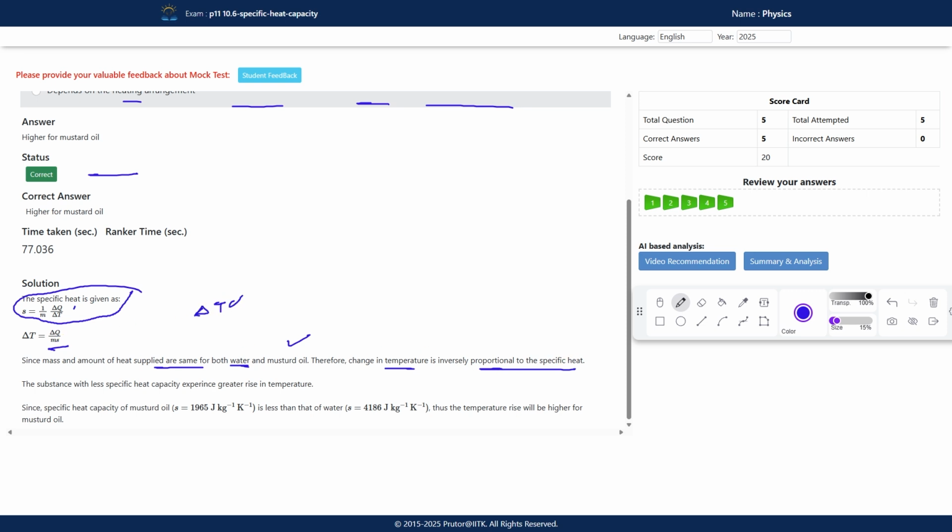The substance with less specific heat capacity experiences a larger rise in temperature. The specific heat of mustard oil, 1965 joule per kg per Kelvin, is less than that of water, 4186 joule per kg per Kelvin. So the temperature rise will be higher for mustard oil. This value is small, so delta T is high.